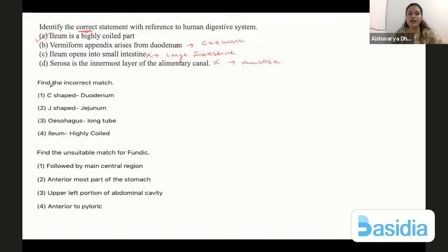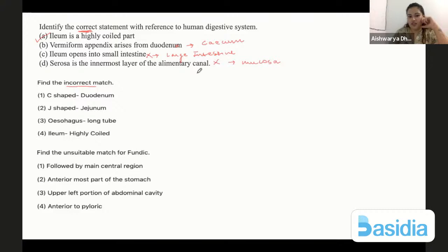It is the most highly coiled part of the small intestine and the longest part also. Next question. Find the incorrect match. C-shaped duodenum, J-shaped jejunum, esophagus long tube, ileum highly coiled. So here we have to find out the incorrect match. Okay, so jejunum is also a coiled part.